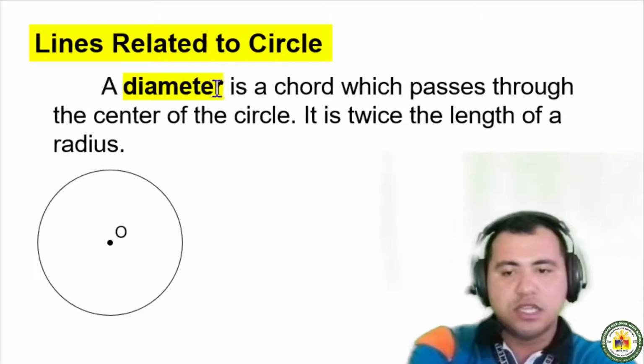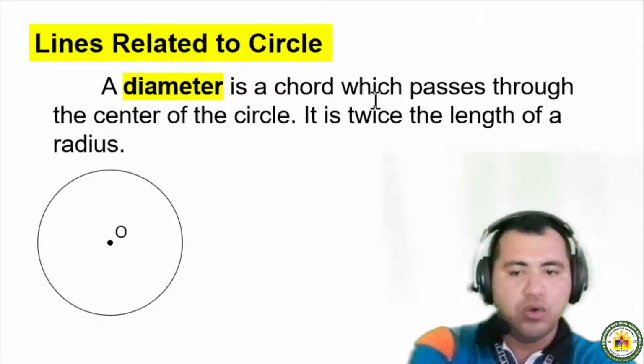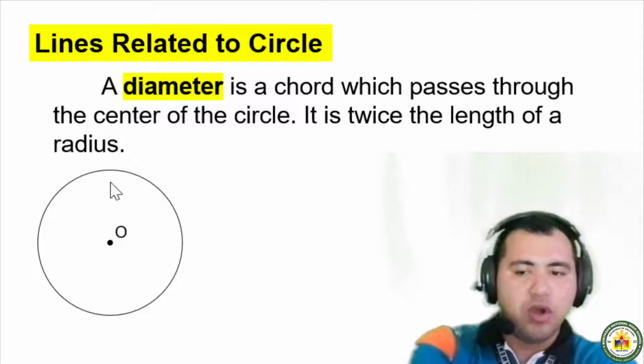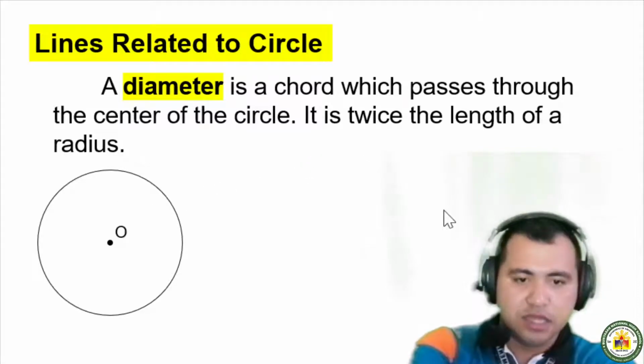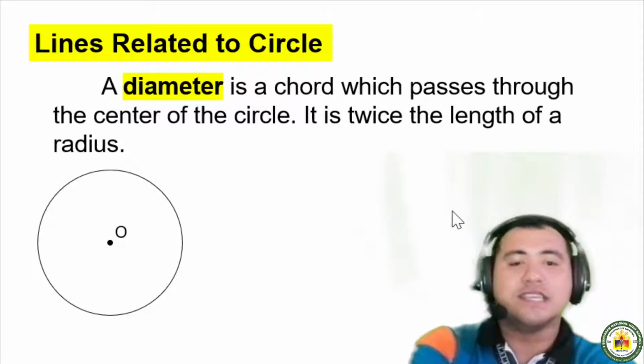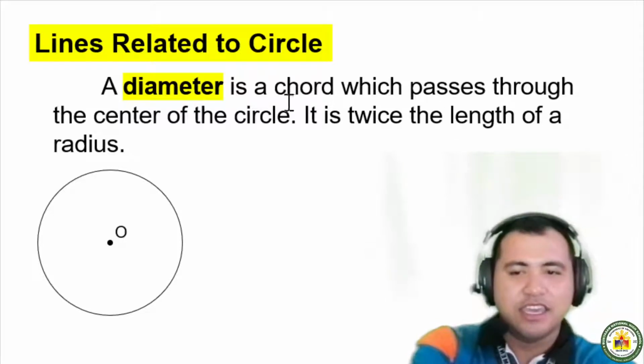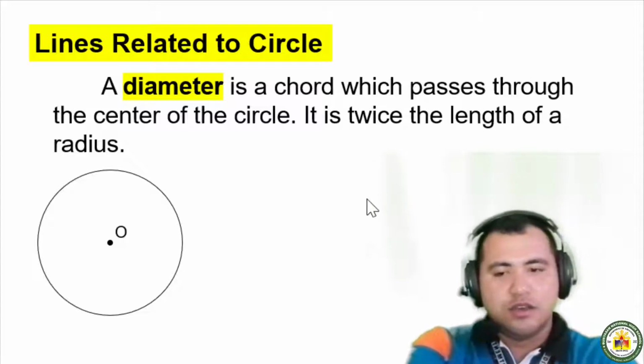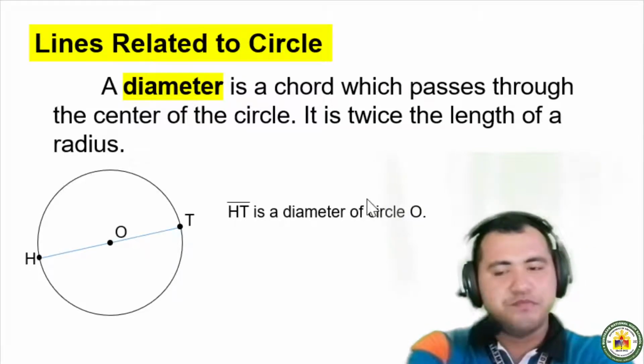A diameter is a chord that passes through the center. Okay? So just like for example that one.